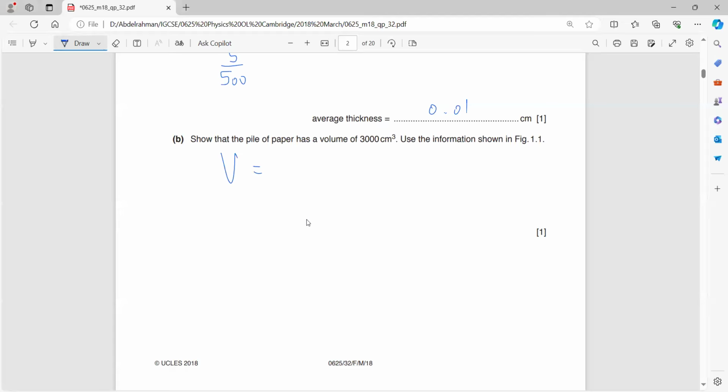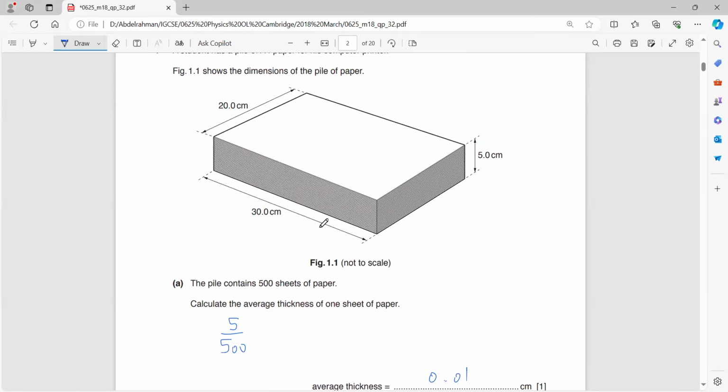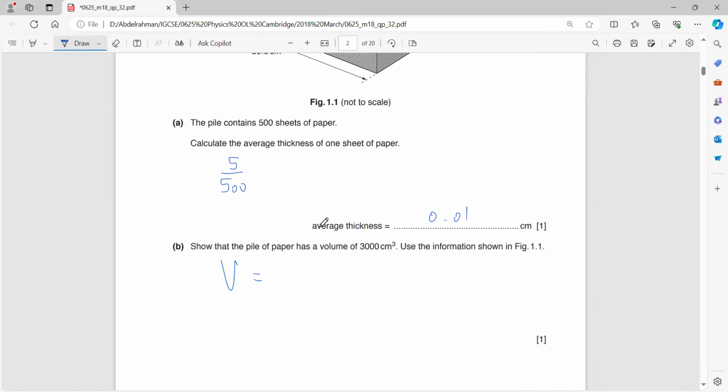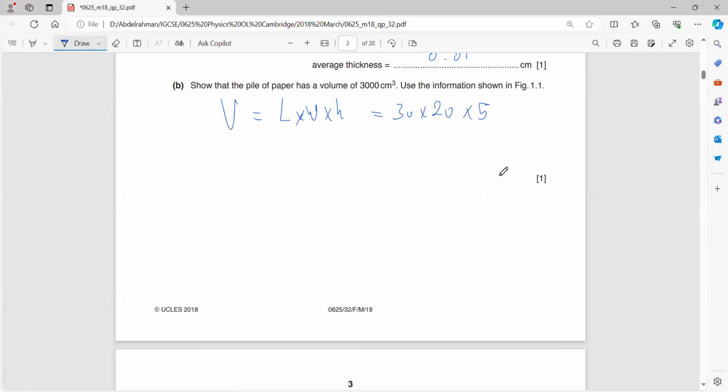What is the area? Length times width times height, which is 30 times 20 times 5, which is definitely 3,000 centimeters cubed. Correct.